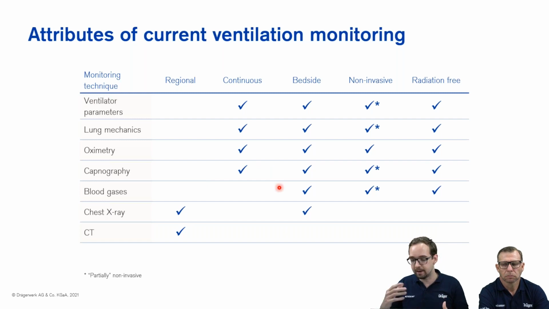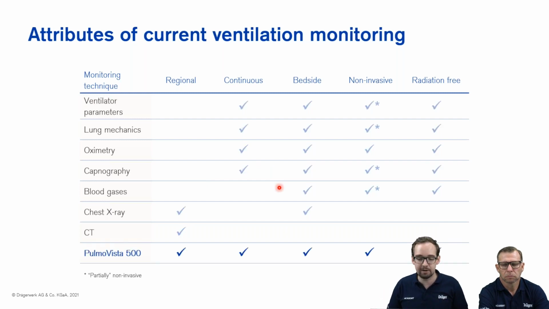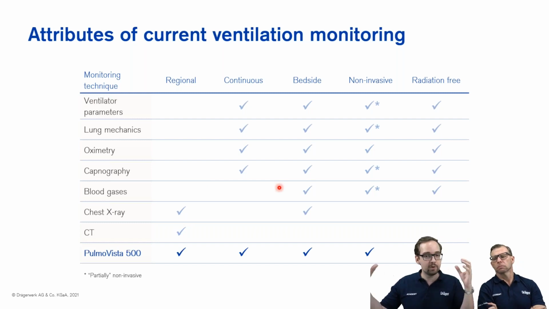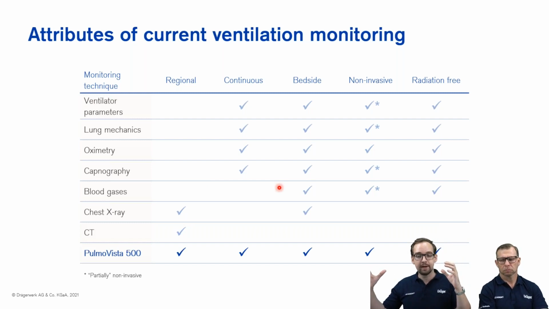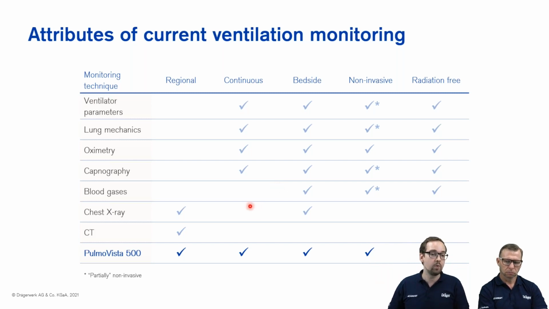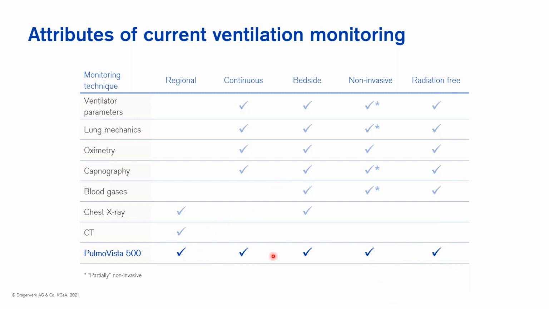What we are now talking about with electrical impedance tomography is the missing puzzle piece, something which tries to bring together all the benefits from the different information. So we need regional continuous information at the bedside, non-invasive and radiation-free, to really use the PulmoVista 500, this electrical impedance tomography device, as a decision support tool.